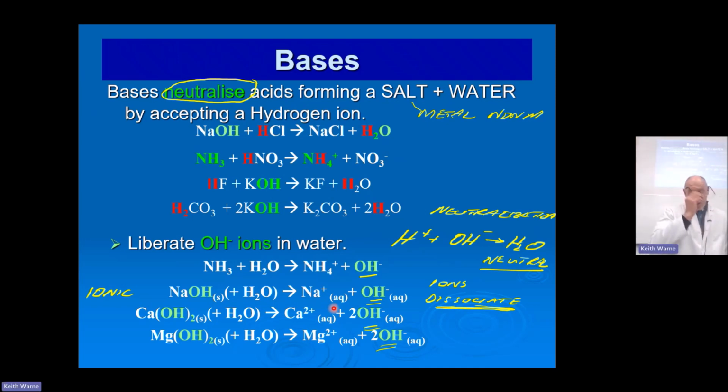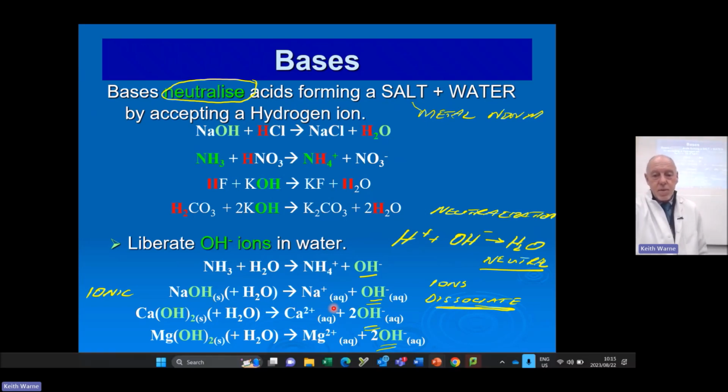Now, another little discussion we need to have. There's a different word that we use with bases than the word that we use for acids. Here, I'm saying that these bases dissociate. Right? Here's the word here.